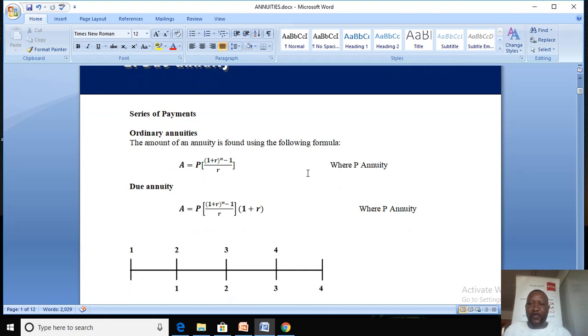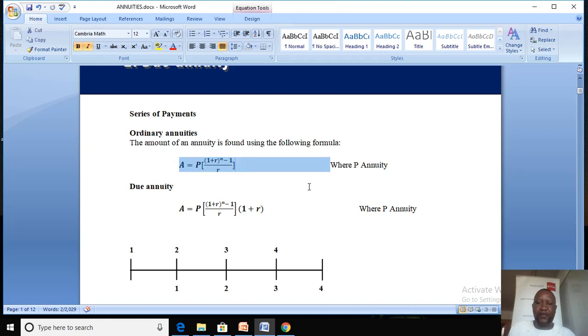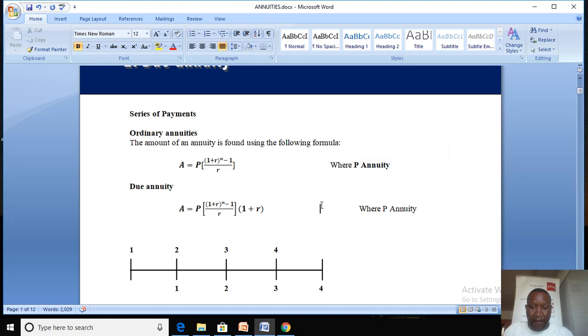The formula for an ordinary annuity is given as follows: A equals P multiplied by (1 plus R) to the power n minus 1, over R. The P in that formula is the payment that you are making at the end of every period, and A is the total sum that will accrue in that account after a given number of periods.